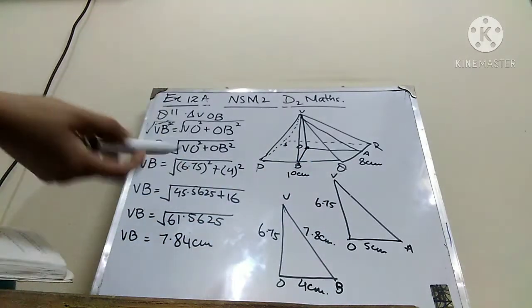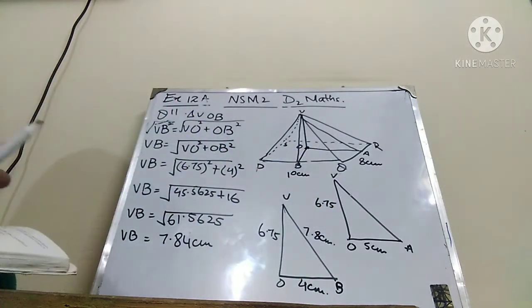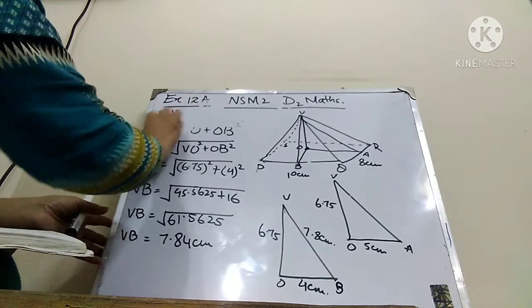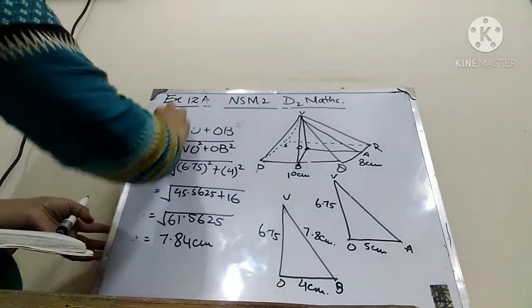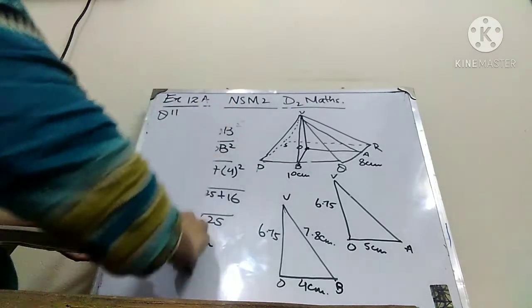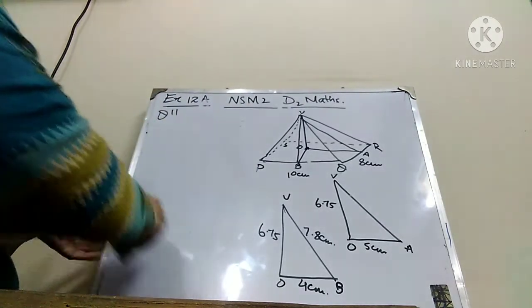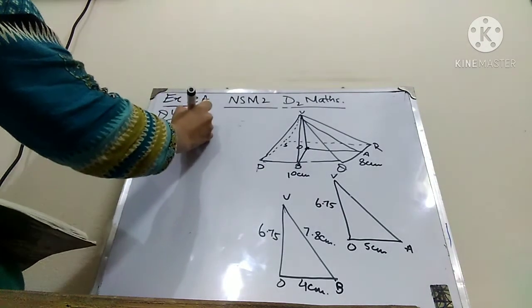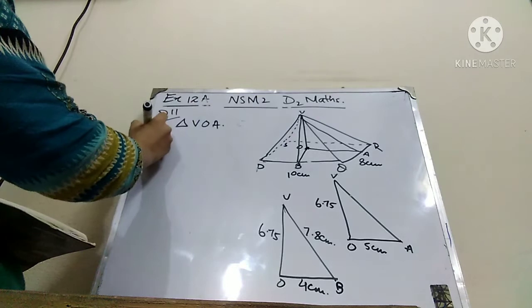Now we have to find out the height of VA. I will use the same formula. Okay, now I am going to erase this so that I can find out the height of VA. So now I am going to write the right angle triangle, which is VOA, and we have to find out VA.